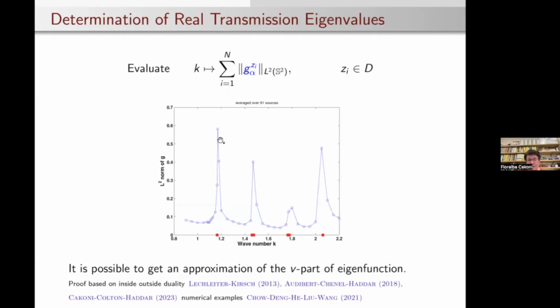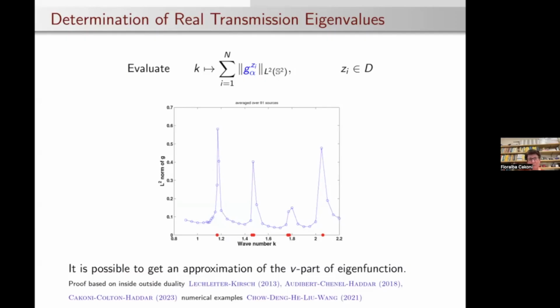So these transmission eigenvalues now relate to the material properties, and you can use them to get information about the scattering inhomogeneity. Now, the limitation of the application of transmission eigenvalues to inverse scattering problems is that you can actually apply these ideas only for non-absorbing, non-dispersive media.